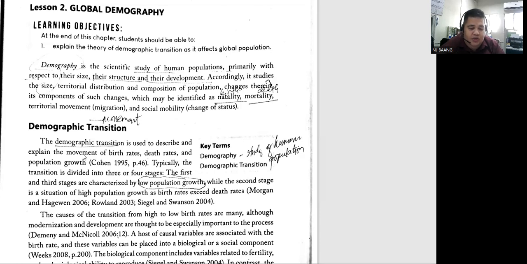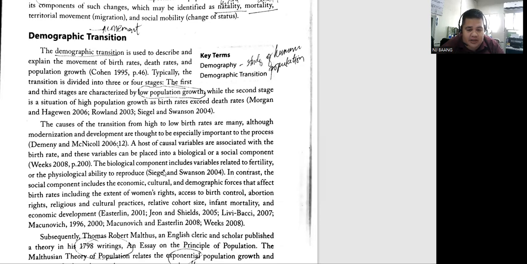The biological component includes the variables related to fertility or physiological adaptability to reproduce. In contrast, the social component includes economic, cultural, and demographic forces that affect the birth rates, including the extent of women's rights, access to birth control, abortion rights, religious and cultural practices, which are also closely related to the cohort size, the infant mortality, the economic development, and all others.